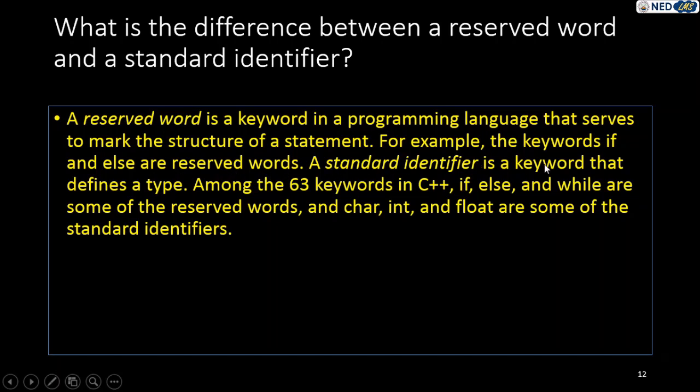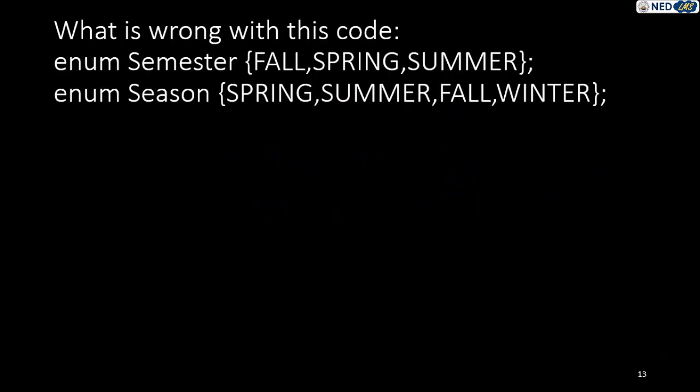A standard identifier is a keyword that defines a type, such as character, integer, float. And there are 63 or so keywords in C++. I'm referring to C++ 98 over here, such as if, else, while, which are some of the reserved words. You cannot use them as names of variables because that will throw up an error. So reserved words also cannot be used as the name of a variable.